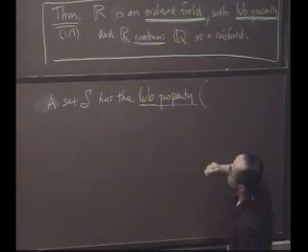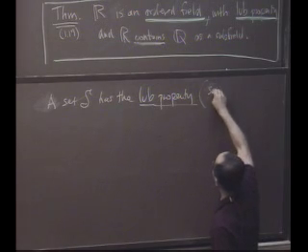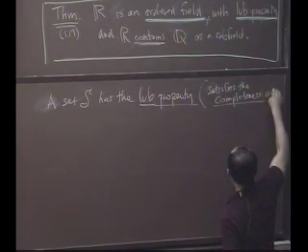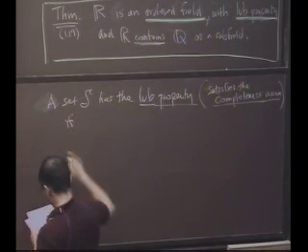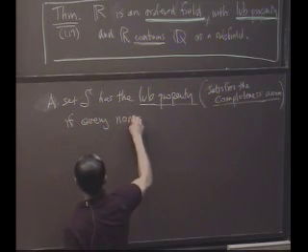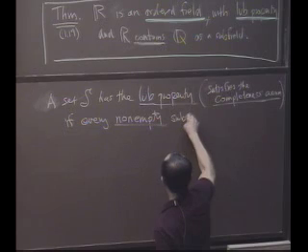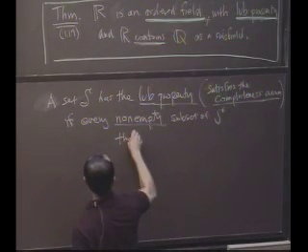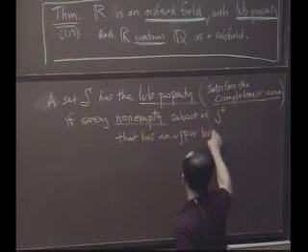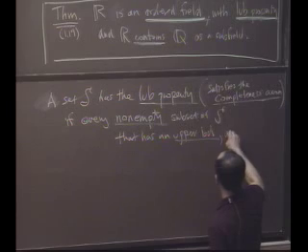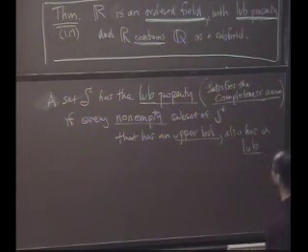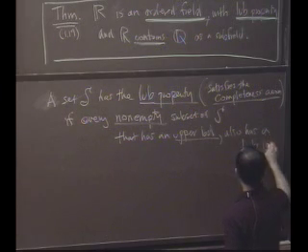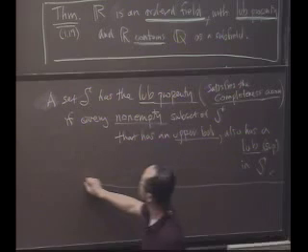Another way to say this is, you might also hear this term, S has the least upper bound property, or you might say it satisfies what's called the completeness property, or completeness axiom, if every non-empty subset of S, non-empty is important, that has an upper bound also has a least upper bound, or a supremum, in S. Okay, it has to have one in the set you're talking about.